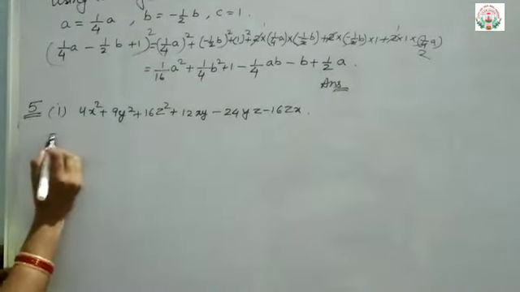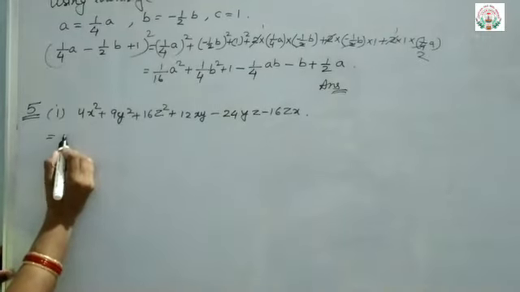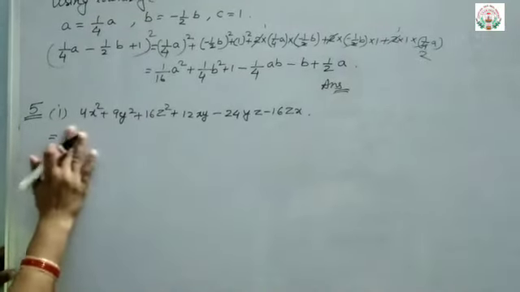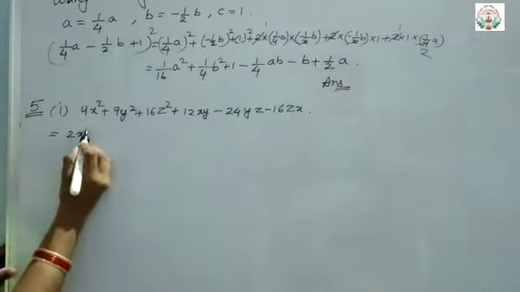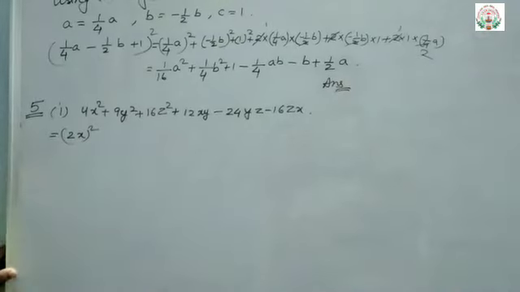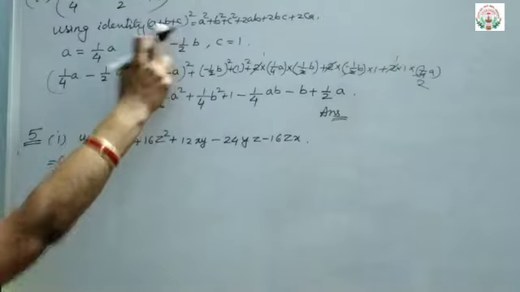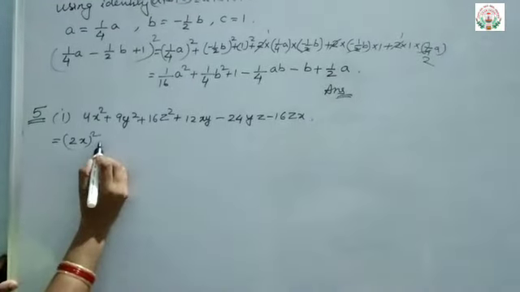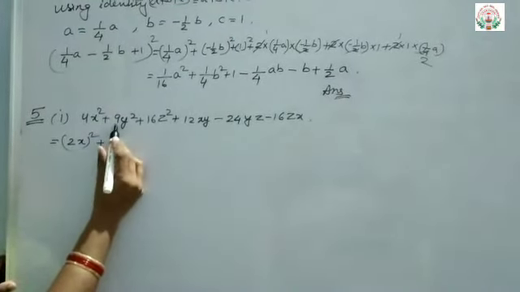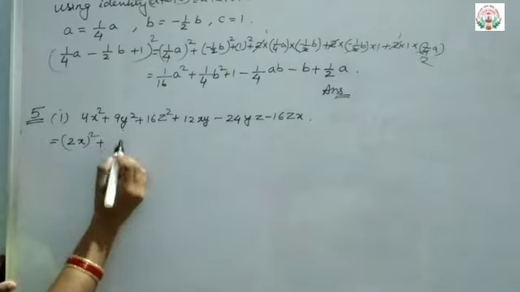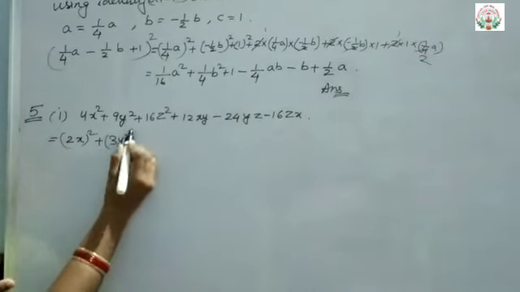So now what you will do? Here you know that it is a perfect square of 2, so 2 square means just the reverse of this identity. Okay. So what? You can see here plus 9 is a perfect square of 3, so 3y whole square.